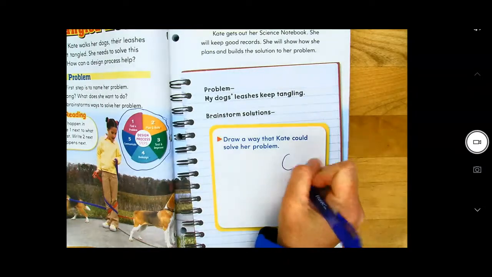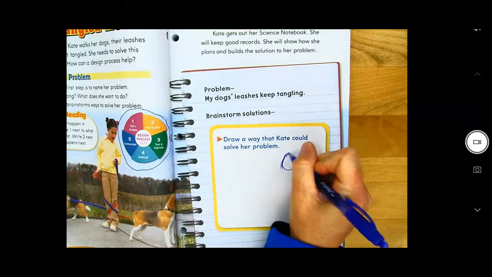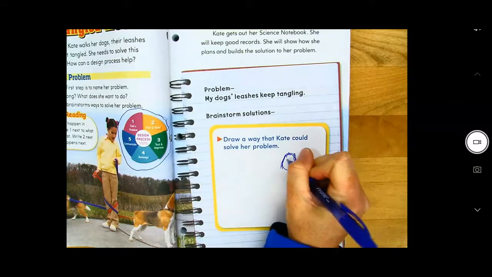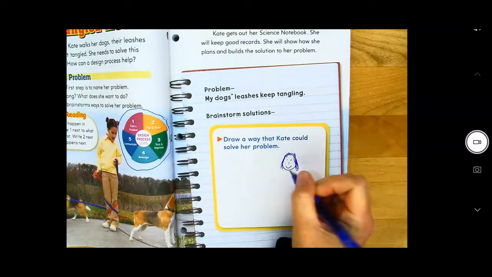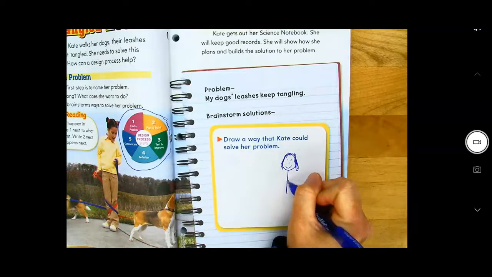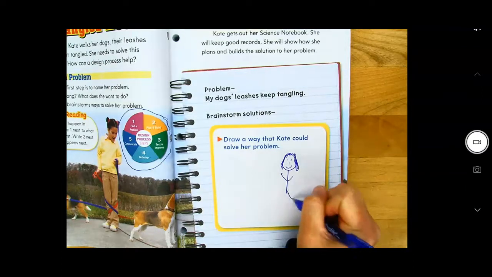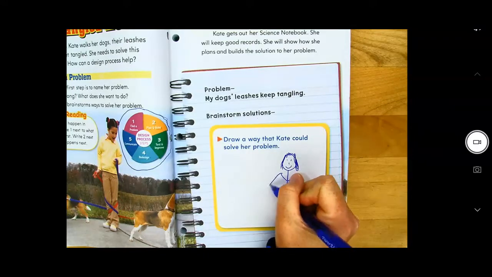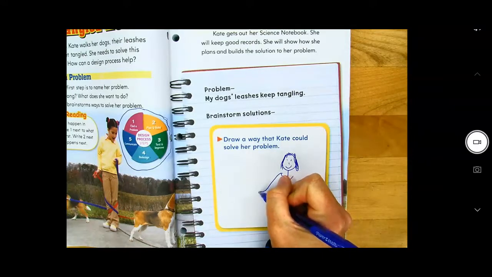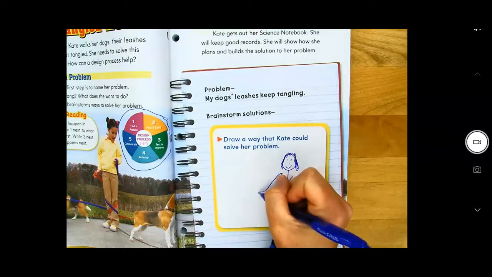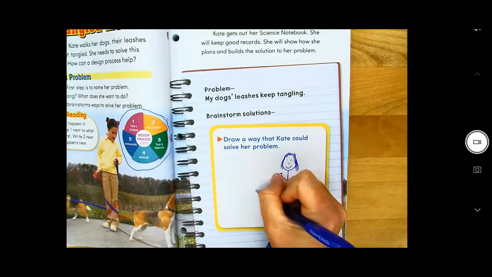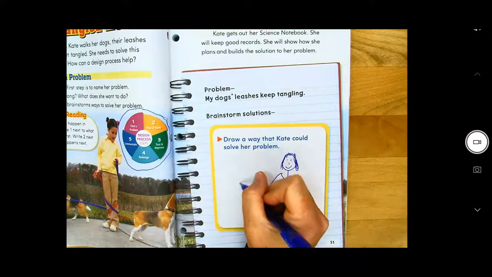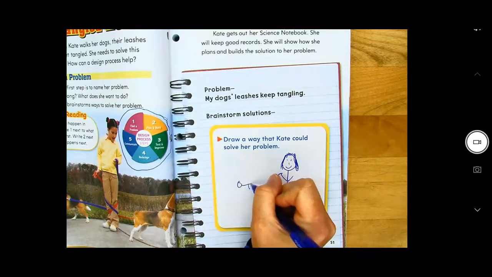Okay, so I'm just going to draw Kate. She has her dogs. Maybe she has her dogs on one leash and then it separates into two.